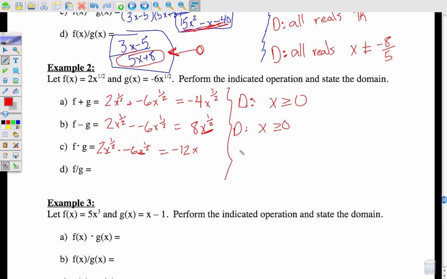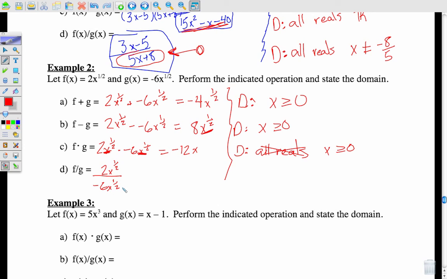Add the exponents because these are the same base, x. Here, the domain is all reals, except you can't have a radical of a negative number. So we are going to give us the x greater than or equal to 0 again. You don't have to put all reals, but technically it's anything bigger than or equal to 0.